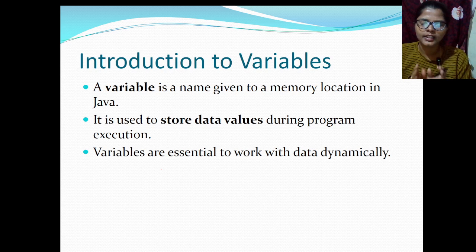A variable is nothing but an identifier. With this identifier, we can access the data stored in the memory. We can call whichever data we want using the reference, the name called a variable. So that is about the variable.